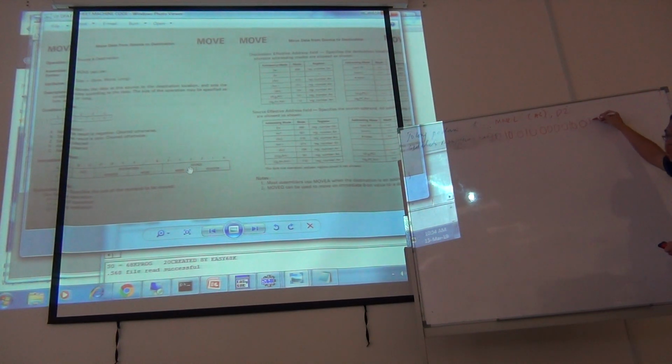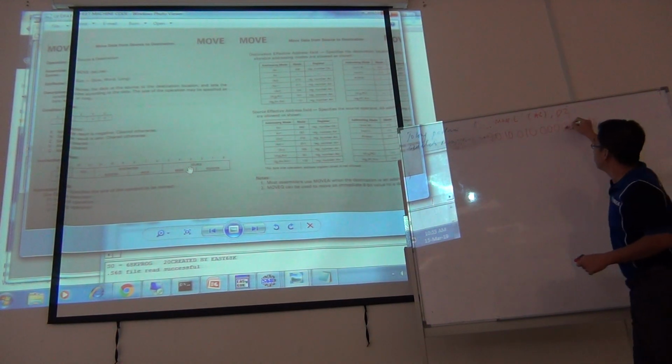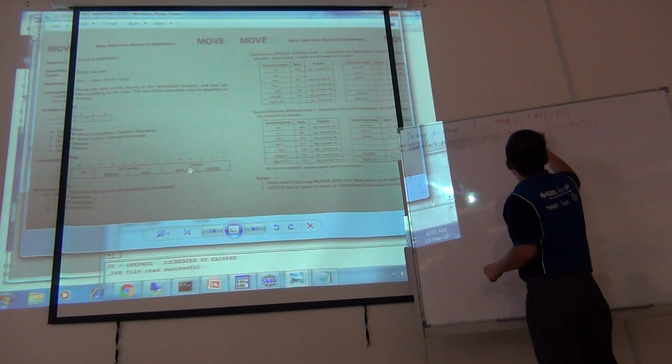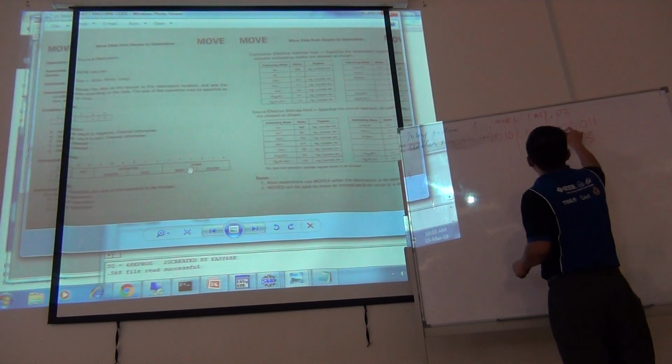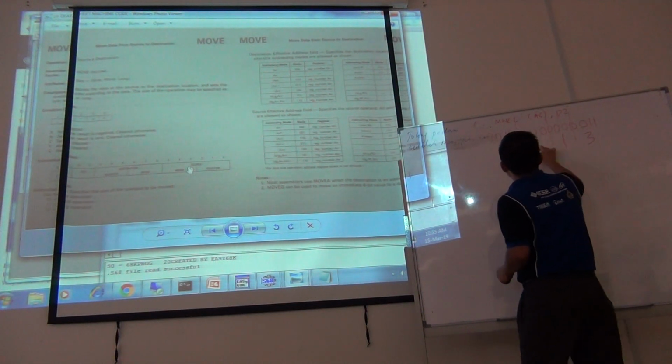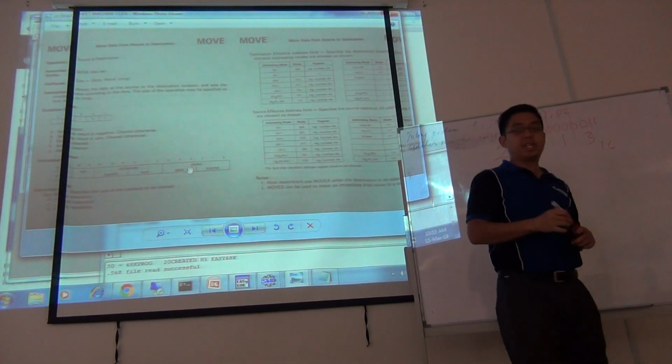So again divide by 4 sections. The answer is 2413.